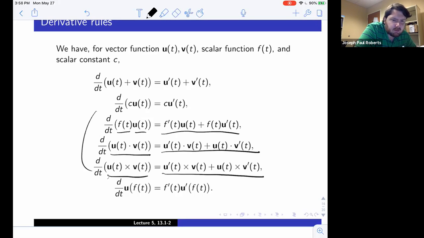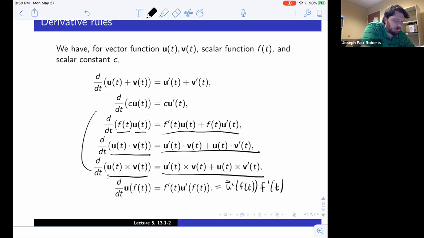And then finally, I could do a chain rule, which is probably not the chain rule you're more used to seeing, outside prime of inside times inside prime. But I think we usually think of scalar multiplication as scalar times vector, but you could write it vector times scalar if you wanted to.